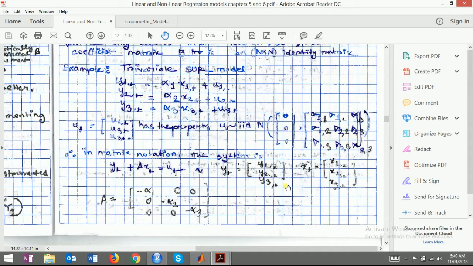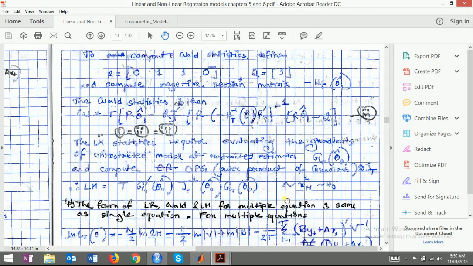A is nothing: you just take all these three equations to your left hand side, and you have minus alpha 1, minus alpha 2, minus alpha 3. You just name them A. Put them in a matrix. So A takes a diagonal shape: minus alpha 1 0 0, 0 minus alpha 2 0, 0 0 minus alpha 3, as you can see. yt is y1t, y2t, y3t. xt is x1t, x2t, x3t. It's a very simple structure.